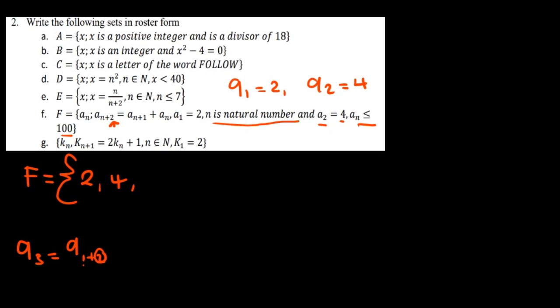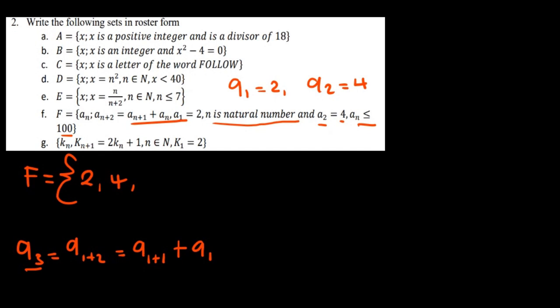So A3 will be equals to A1 plus 2, which, we're just following the formula that we've been given, will be equals to A1 plus 1, plus A1.